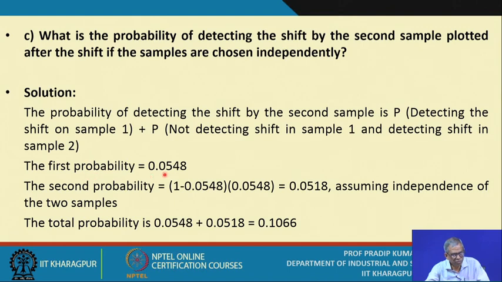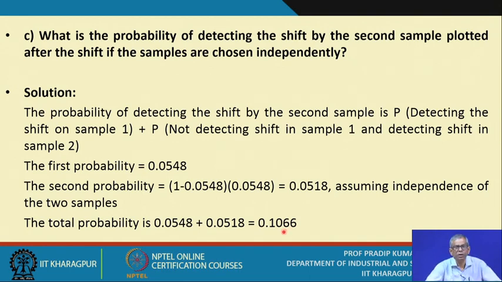So the first probability is 0.0548, the second probability is 1 minus 0.0548 times 0.0548, that is 0.0518, assuming independence of the two samples. So this is to be noted, right? We are assuming that all the sample points are independent of one another. So the total probability is 0.1066, that means 10.66%.